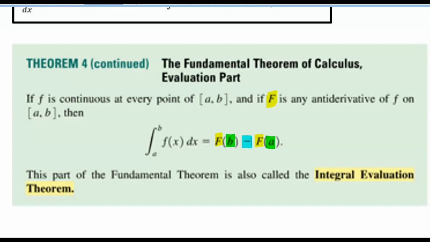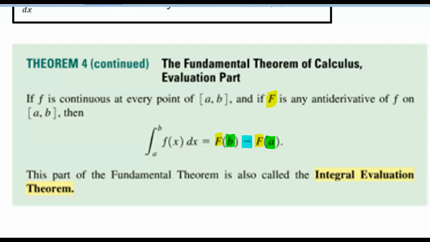You take the antiderivative, you plug in the limits of integration, and you find the difference. Let me repeat that one more time. You take the antiderivative, you evaluate or plug in the limits of integration, and you find the difference. In a nutshell, that is what the evaluation part of the fundamental theorem of calculus means.